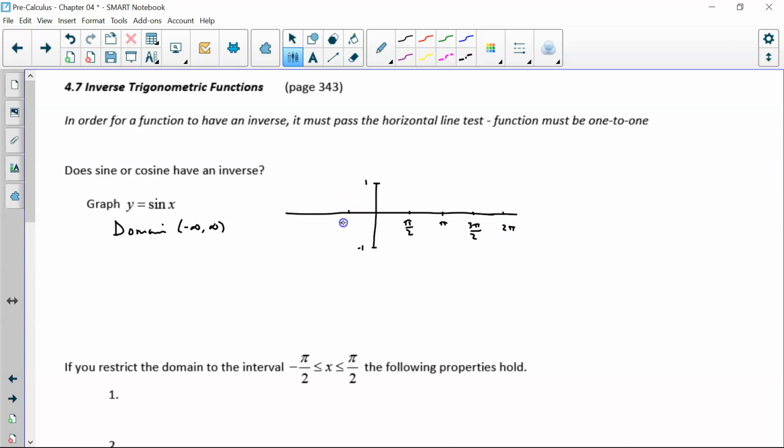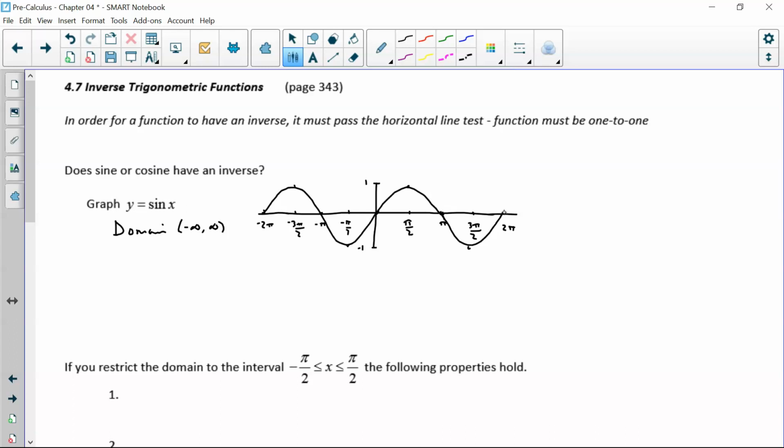Now if we go backwards, we're at negative pi over 2, negative pi, negative 3 pi over 2, and negative 2 pi. So we're going 0, max, 0, min, 0. We can also go -1, 0, max, 0. So if we draw our graph for the sine of x, we've seen this a bunch. There's what sine of x looks like.